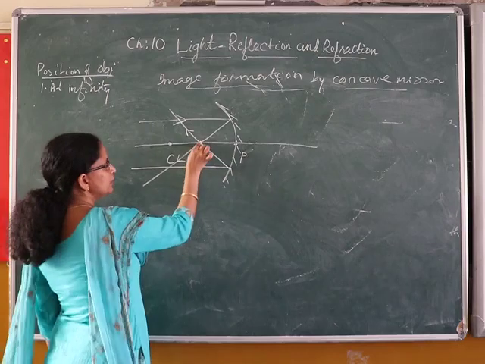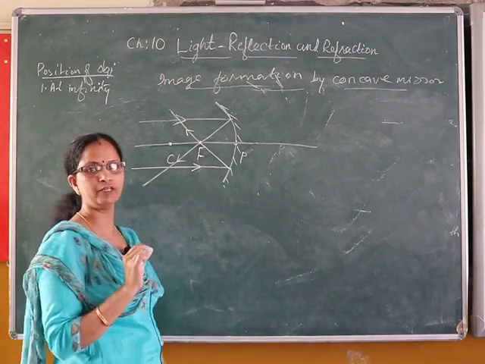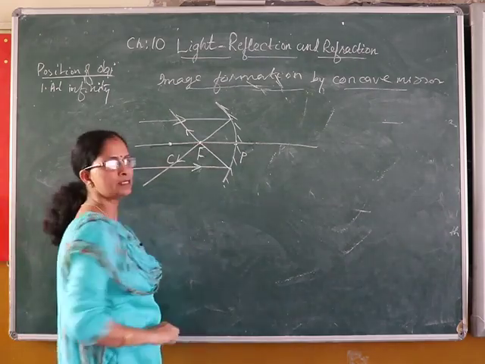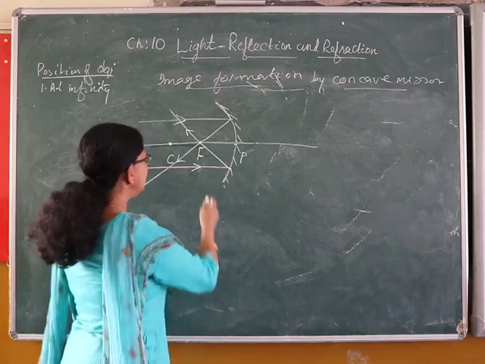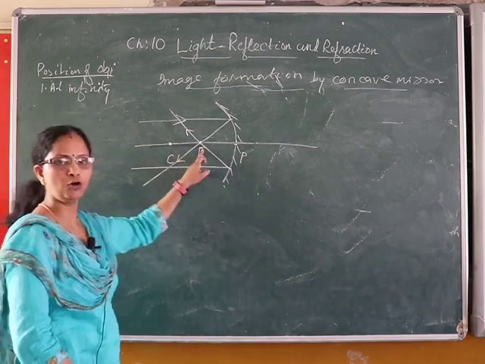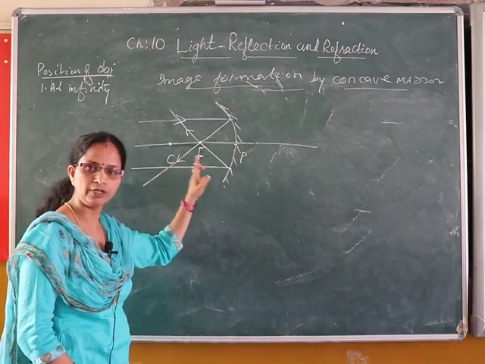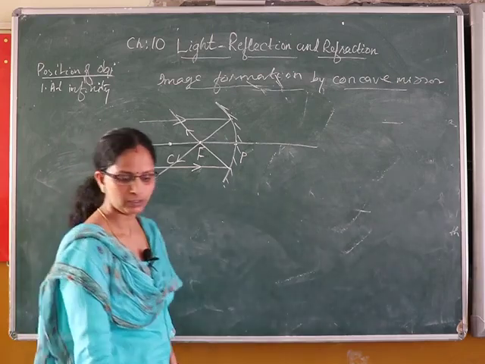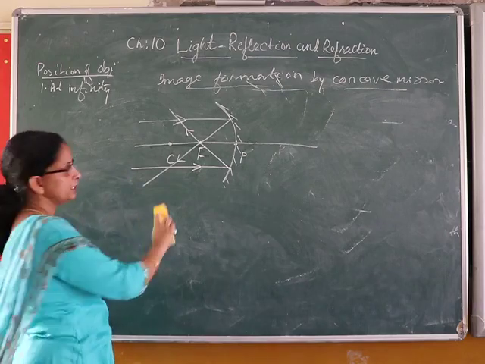The size of the image here is point-sized, very small, and it is usually upside down or inverted. So when the object is at infinity, the image is formed at the principal focus, and it is a real, inverted, point-sized image. This is the case for a concave mirror when the object is at infinity.